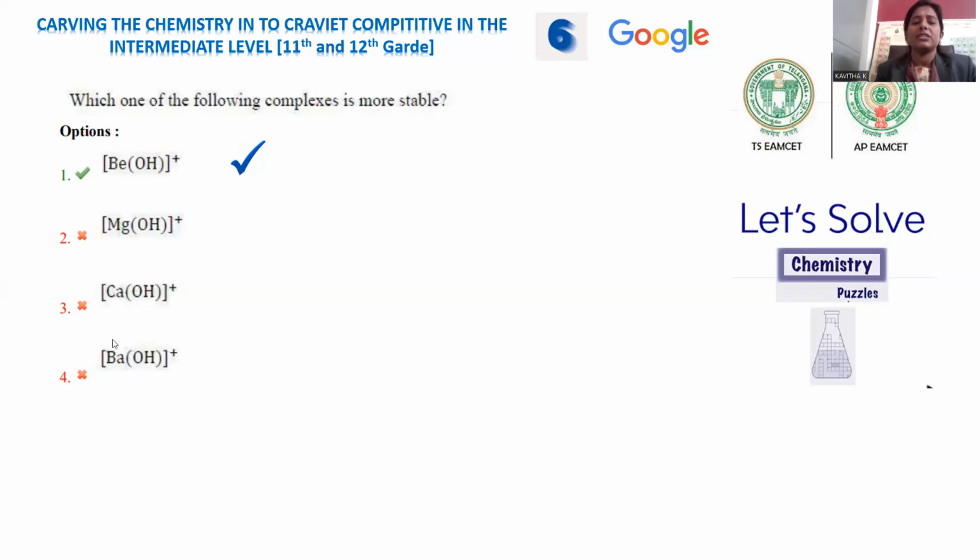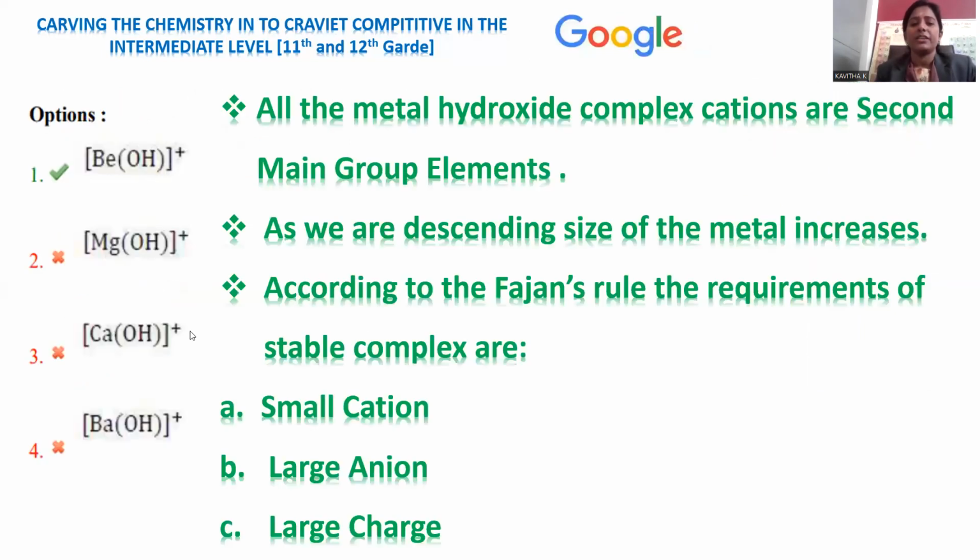In order to assign its stability, let's go with the explanation part. From this data, it is very clear that all are metal hydroxide complex cations, because they are mentioned in the square bracket, and all are assigned positive charge, so complex cations. All metal hydroxide complex cations belong to the second main group elements: beryllium, magnesium, calcium, barium.